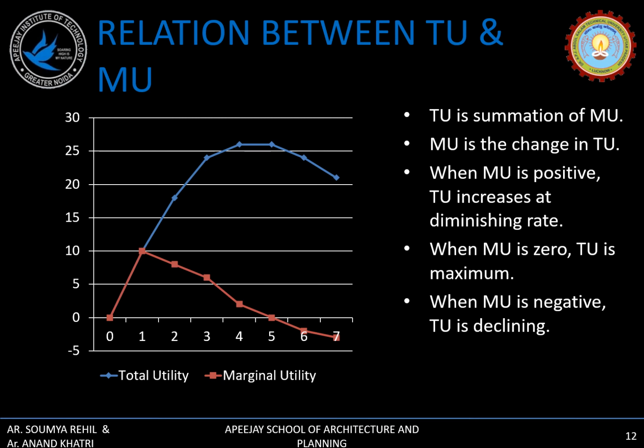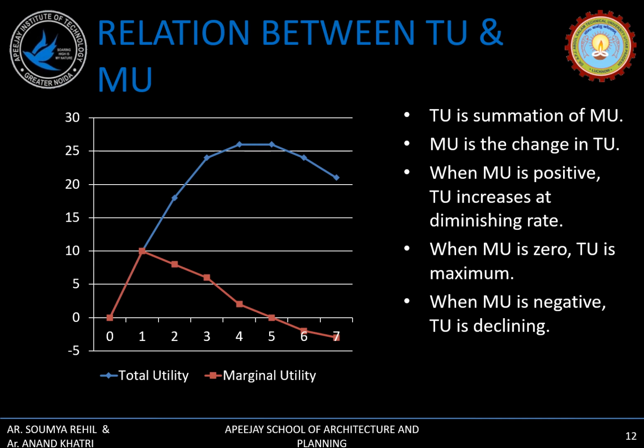For better understanding of the relation between total utility and marginal utility, we have some basic points. Like total utility is the summation of marginal utility. As we discussed already, total utility at any point of time is the sum of marginal utilities that have happened before it.